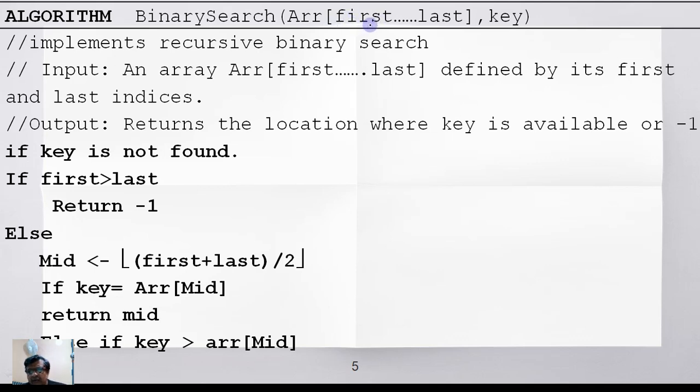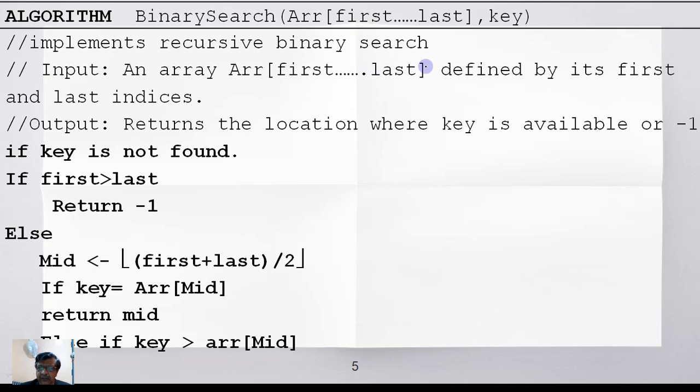We should give general names for the first extremity and the last extremity, because we don't know where exactly first and last will move. 0 will never remain to be 0, and the last position will never remain to be the last position. The last position will usually be decremented, and the first position will be incremented till the key is found. The key is also to be supplied to this algorithm.